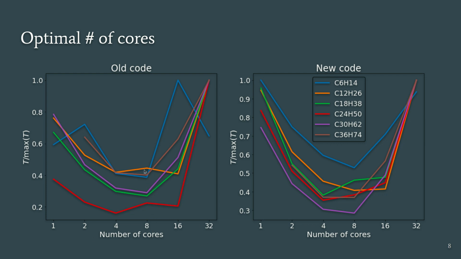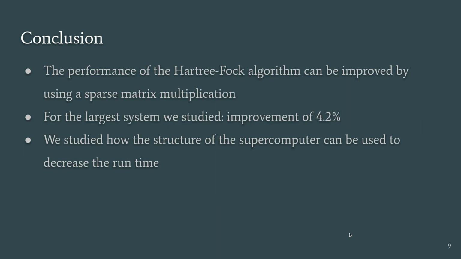What we almost always see is that for 8 cores, the code is the fastest, and we can understand this when we think about the fact that the 32 cores inside the node are arranged in 4 CPUs, and for both the old code and the new code we do see this tendency for the 8 core calculation to be the fastest.